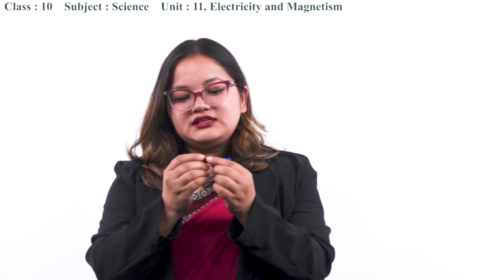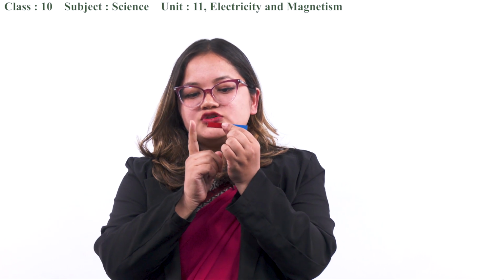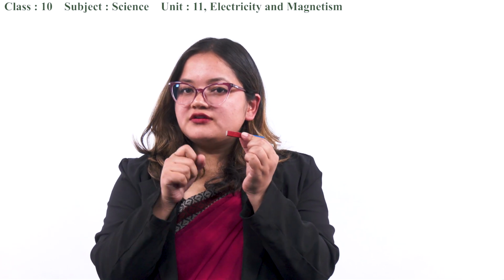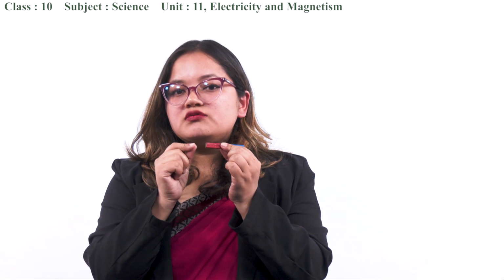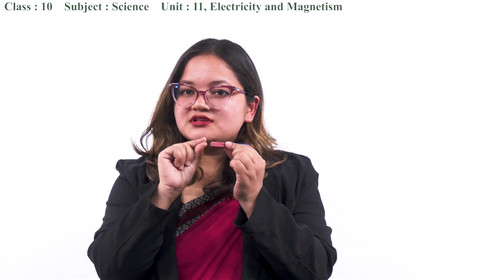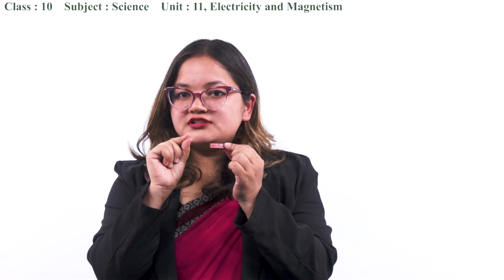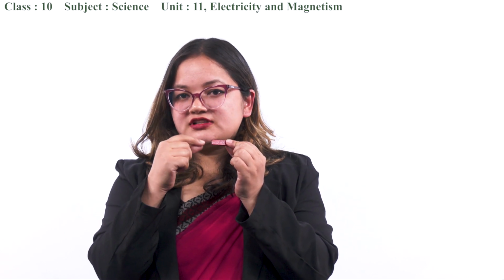So how does it vary? We know the magnetic field lines are quite strong near the poles, right? Whenever the magnetic field lines are stronger, we always show it by many arrows. If there are many arrows, it means the magnetic field is very strong, the magnetic field strength is quite high.